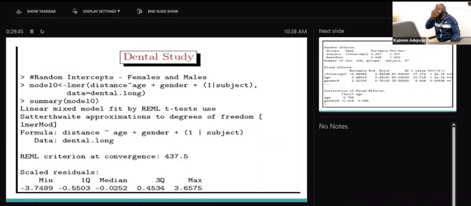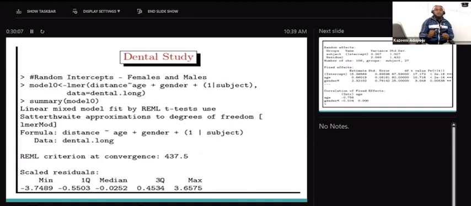Starting from here, if I want to focus on both of them together, I'm going to assume a random effect. The random effect that I'm assuming now is for the subject, and that subject is not going to be 11 anymore, but it's going to be 27. It's going to be all of them. Does that make sense?